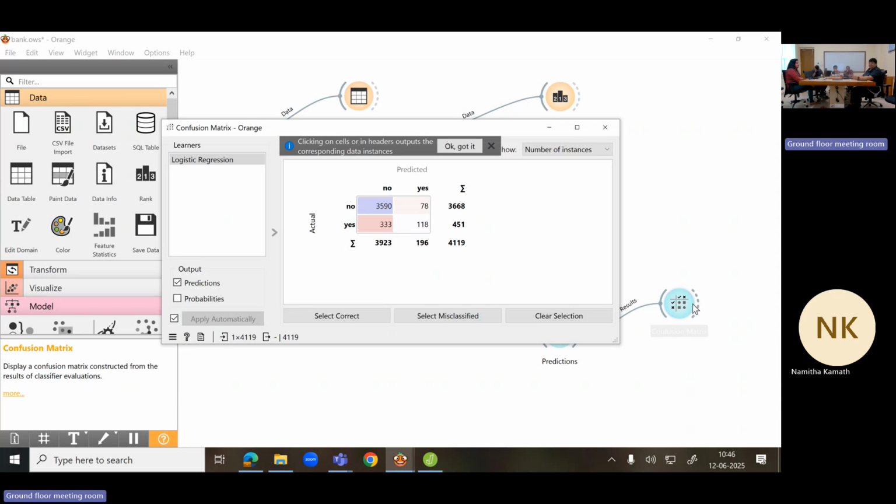Now, what is the cost involved on the other side? Actually, they are possible customers, but we are not spending any money on them. So possibly some cost might be involved here in terms of wastage of resources.